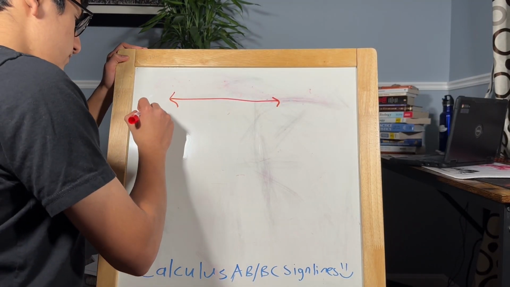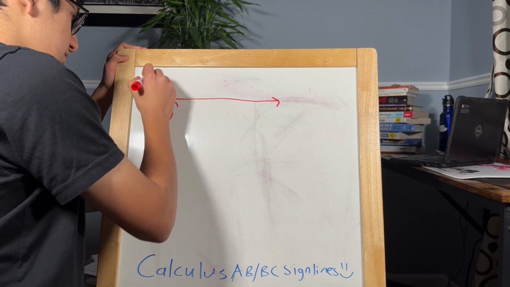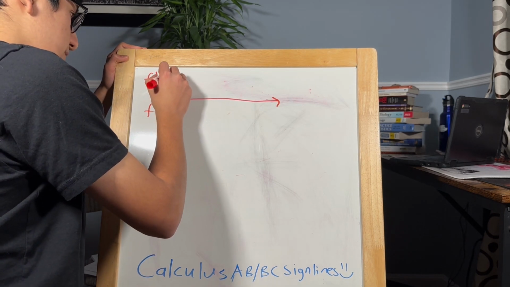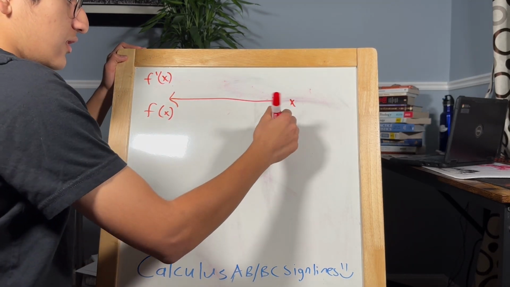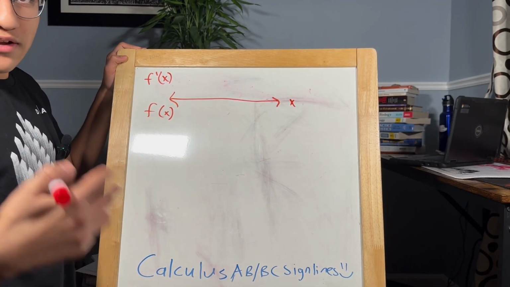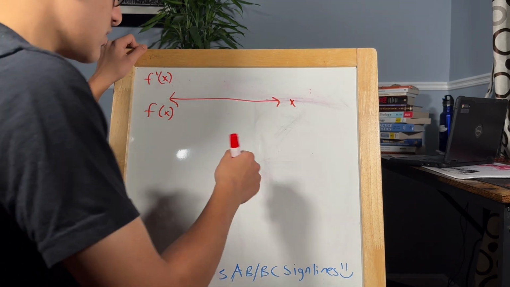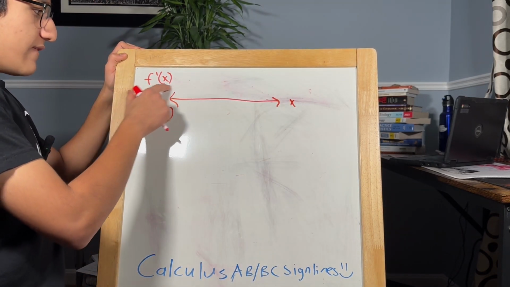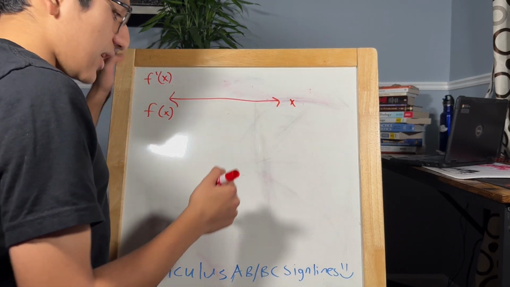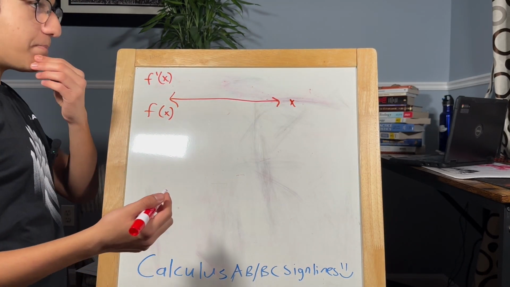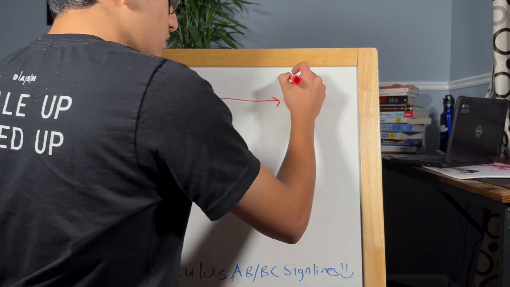So I have f of x here, f prime of x here, right? And this is usually representing x's. What you're usually trying to find out is when f prime of x, or the derivative, is 0. So let's say we have something simple.